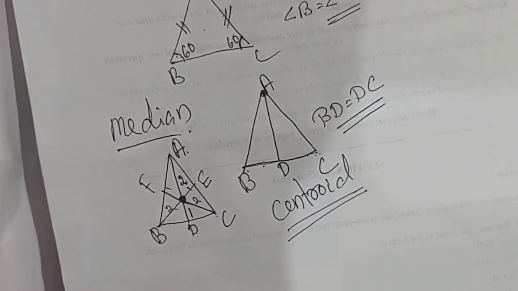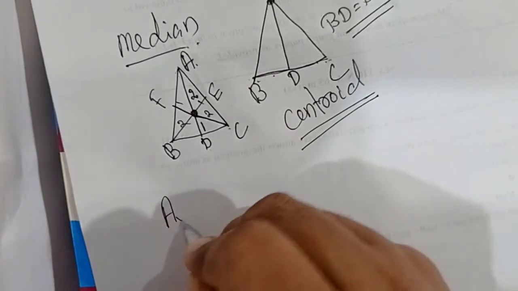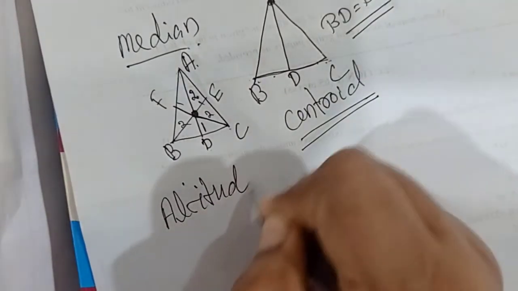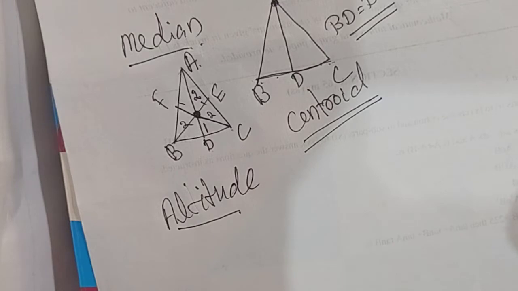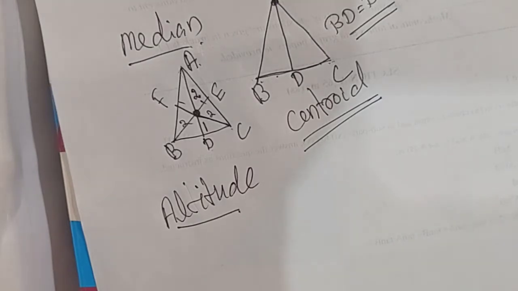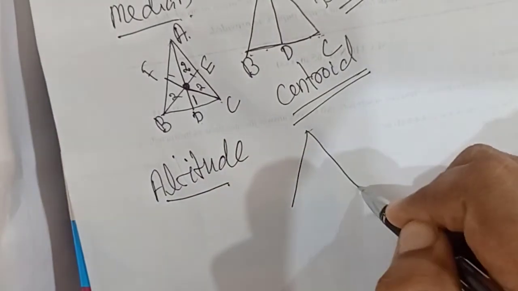Then the next one is, these are the terms relating to triangles. The next term is altitude. Altitude of a triangle corresponding to any side is the length of the perpendicular drawn from the opposite vertex to that side.